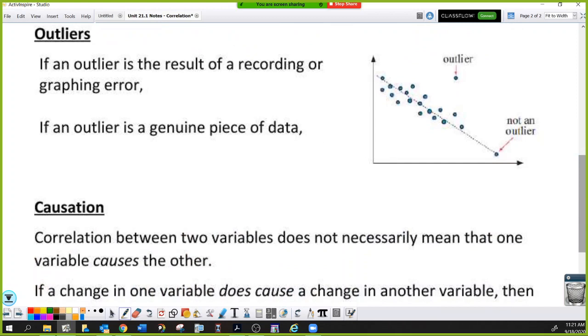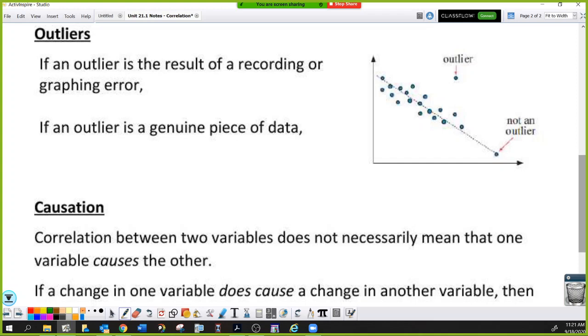So outliers. If a data point is just outside of the mass of the data, yeah, you can say that it's an outlier, but only if it's so far outside the data that it's not even close to a linear trend at all. So this one we have the picture on the right, you see those dots are generally going down and to the right.